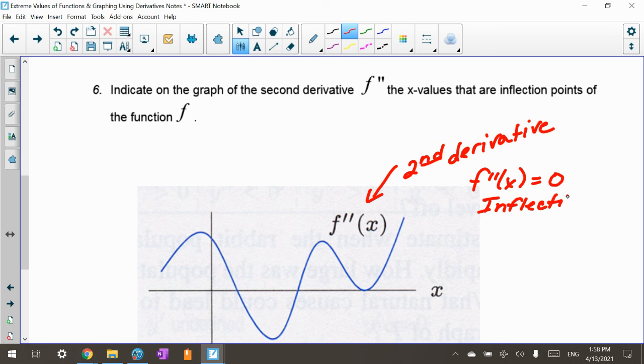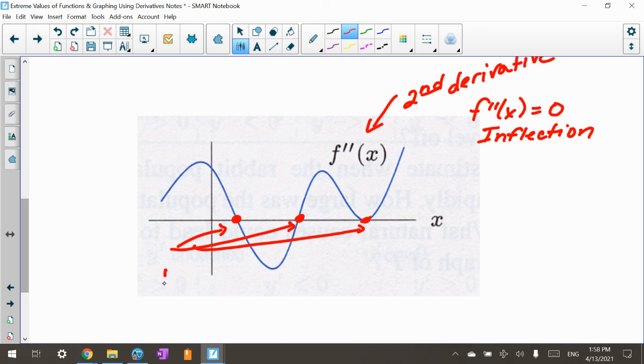So because that's the graph, I just see where it crosses the x-axis, and right here will be my inflection points, because it's equal to 0.